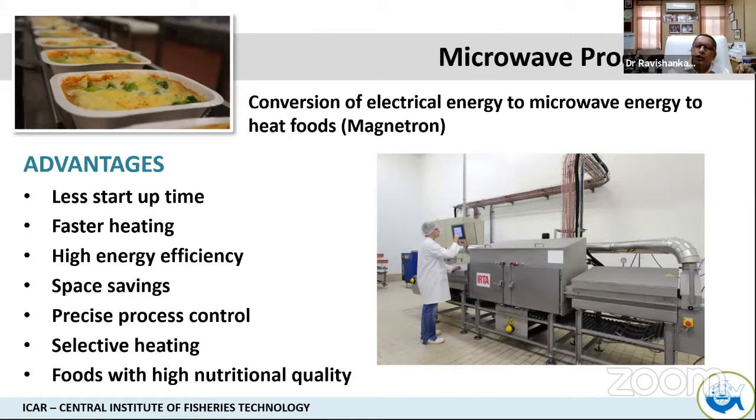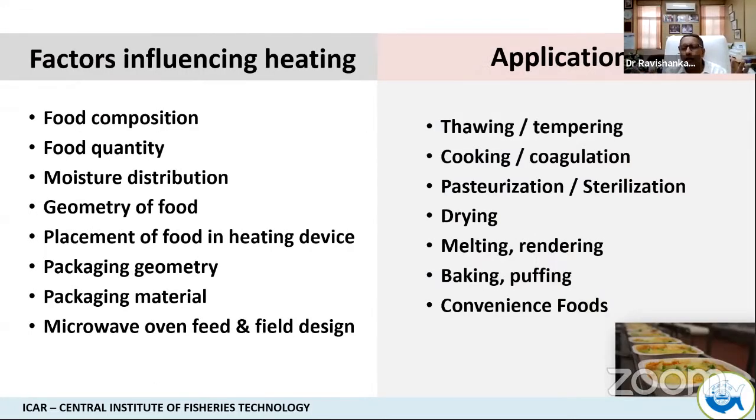Here we are converting electron energy into microwaves using magnetrons. You can see the applications. It can be used in thawing, tempering, cooking, pasteurization, sterilization, drying, rendering, convenience foods. All this can be done. Of course, a lot of factors will affect this, but applications are plenty when you're talking about seafoods.